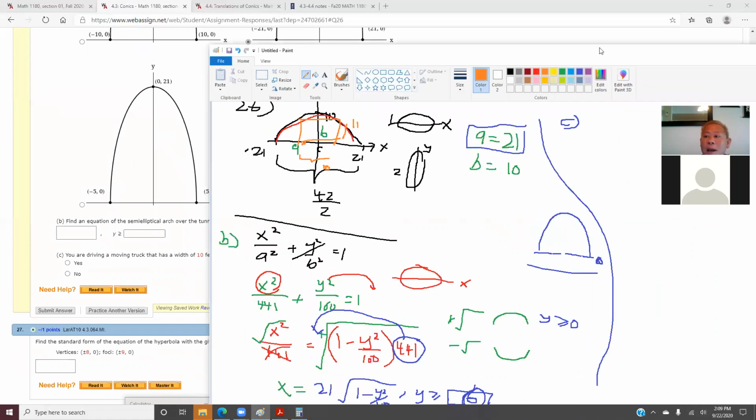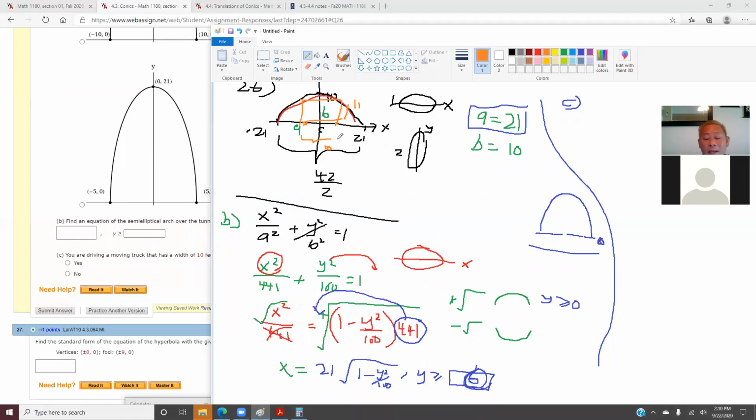As you guys know from last time, how do we know it's no? 11 is too high. So what we do is plug in a number to figure this out. What we plug in depends on your x value, which in this case is 5.